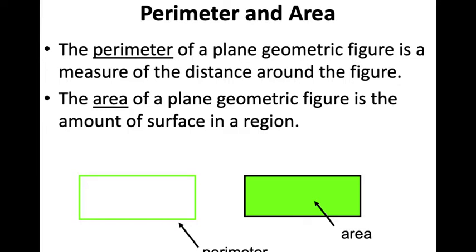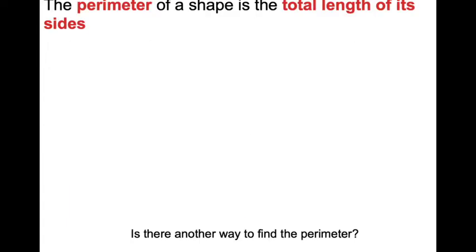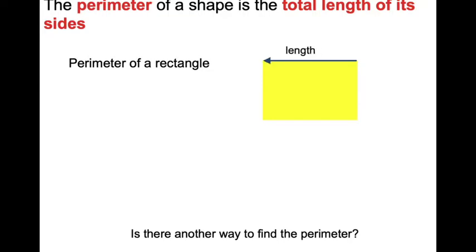So let's put numbers to this for a much better understanding. The perimeter of a rectangle is a measure of the distance around. That's a length, that width, another length, and that width.